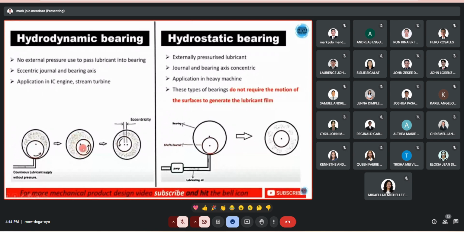But in hydrostatic bearing, we don't need the motion of the shaft.